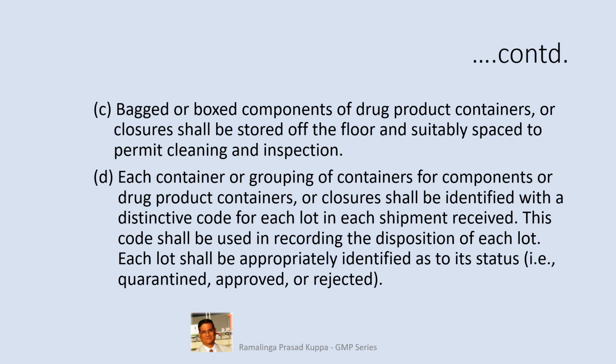This code shall be used in recording the disposition of each lot. Each lot shall be appropriately identified as to its status, that is quarantined, approved or rejected. These two sections are also similar to the requirements as in ICH Q7.